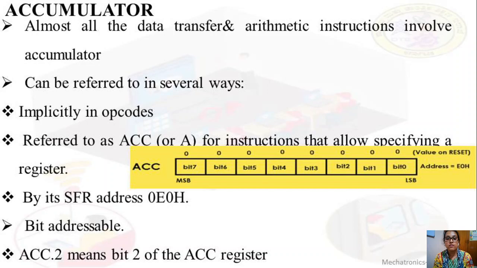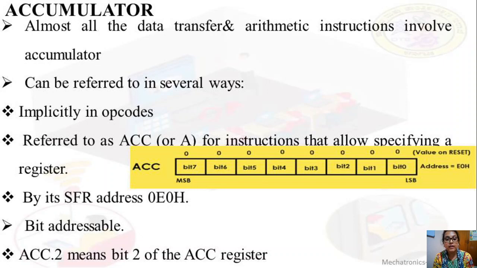Its SFR address is 0E0H. The accumulator register is bit addressable, from bit 0 to bit 7, that is 8 bits wide. The address for the accumulator is E0H.